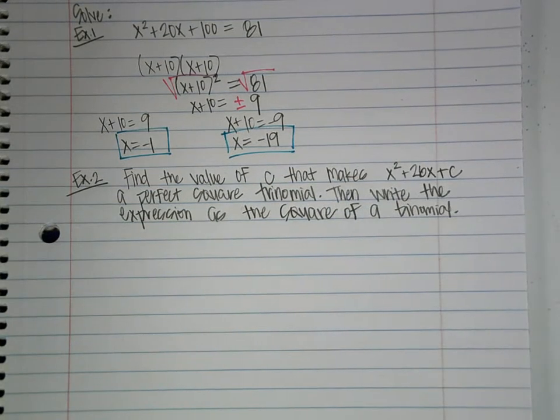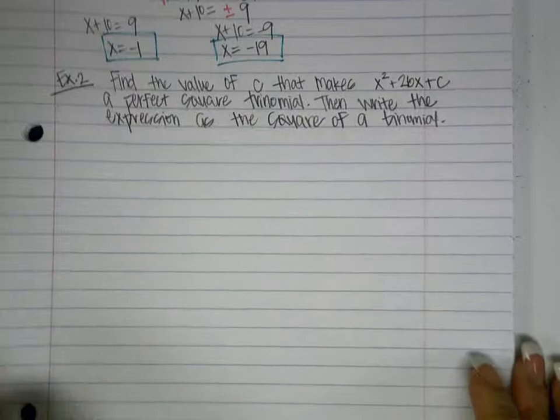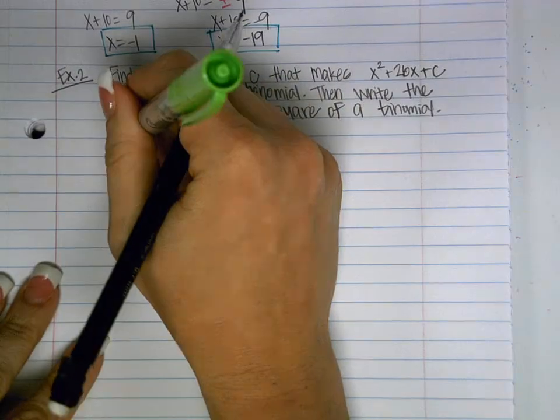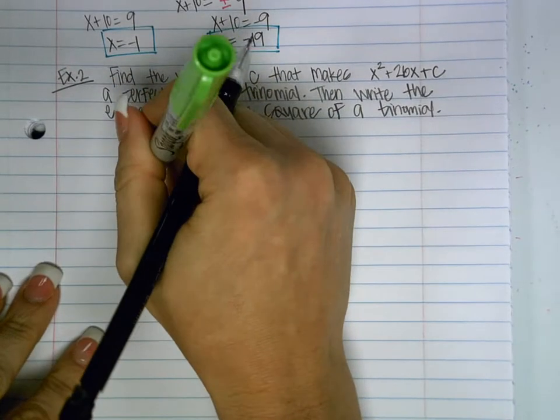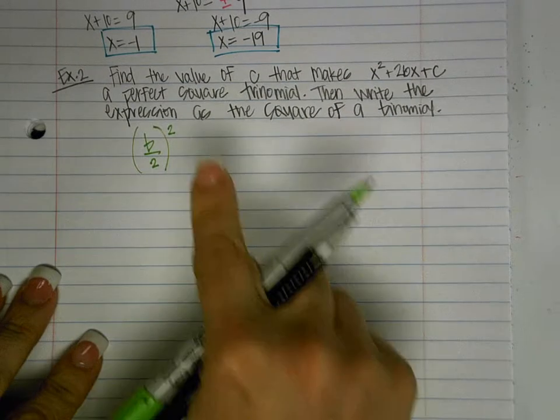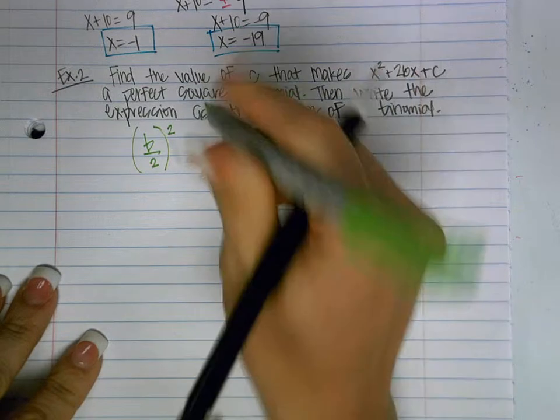Okay, so there is a formula to doing this. It's a fairly simple formula. What you need to know is we are going to take b divided by 2 and square it. b is always the middle number, right?